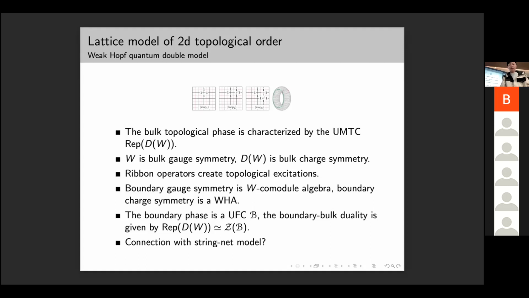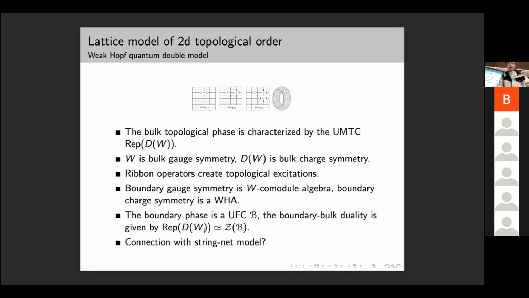If we denote the boundary phase as B, then from the boundary-bulk duality we know that the bulk theory is just the Drinfeld center of this boundary theory. And this can be mathematically proved: the representation category of the quantum double of the Hopf algebra is equivalent to the Drinfeld center of this boundary phase. They are equivalent as a braided tensor category.